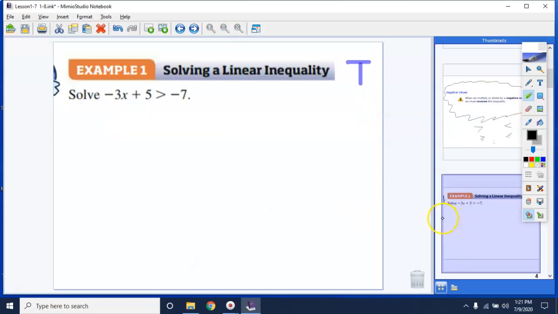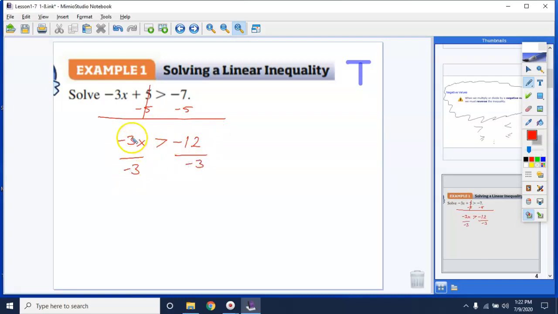Let me show you what I mean with an example. Solve the inequality. I'm going to do the same thing, try to get x alone here. So what should I do? Minus 5 first. These two will cancel each other. Negative 3x bigger than negative 12. And lastly, I should divide by negative 3.